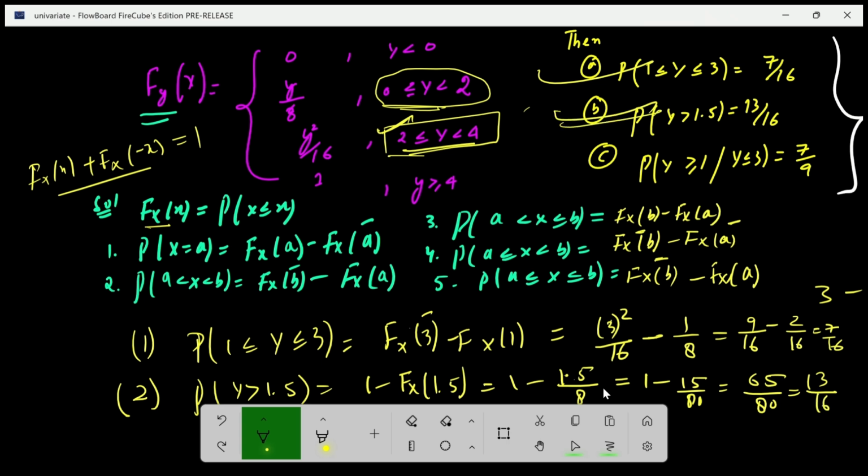This is also correct. Now what is part C? So look at how we have to do part C.